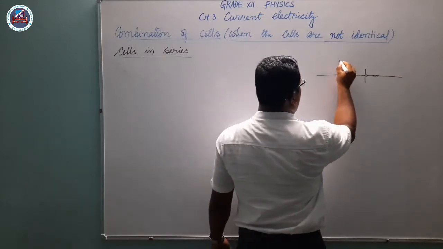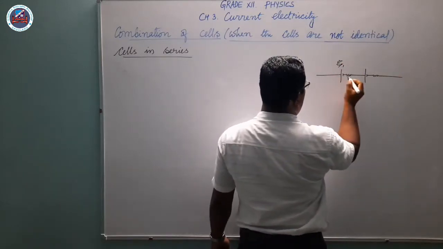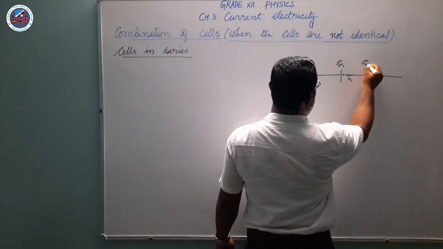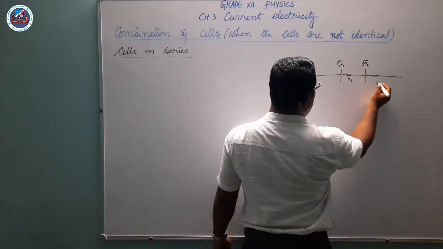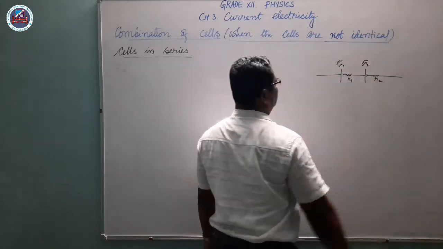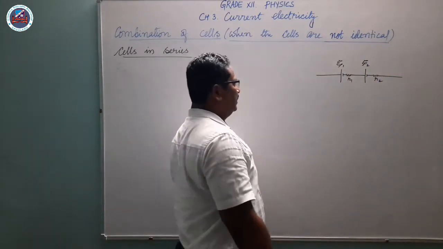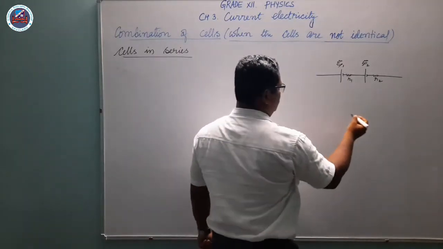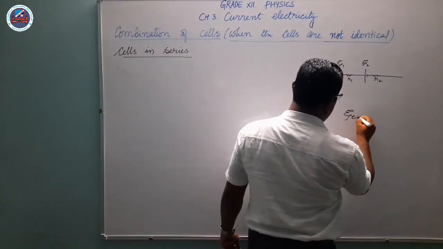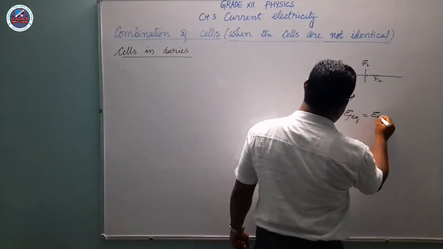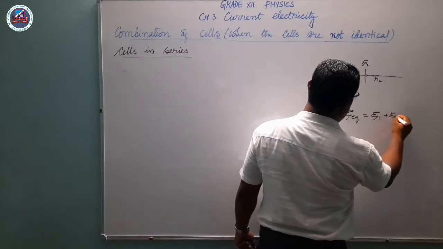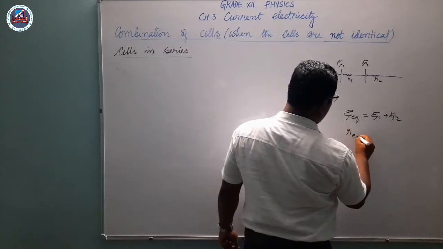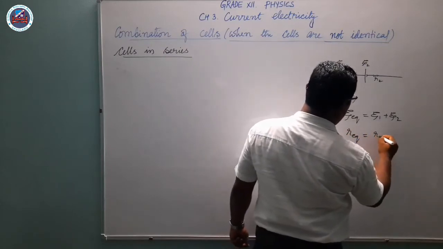Here the EMF of the first cell, let it be epsilon 1 and the internal resistance R1, and the EMF of the second cell epsilon 2 and internal resistance R2. Let us assume like this. Here if the cells are in series, then the equivalent EMF will be epsilon 1 plus epsilon 2, and R equivalent will be R1 plus R2.